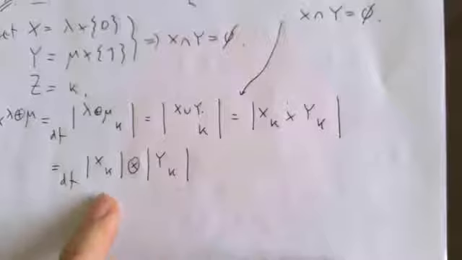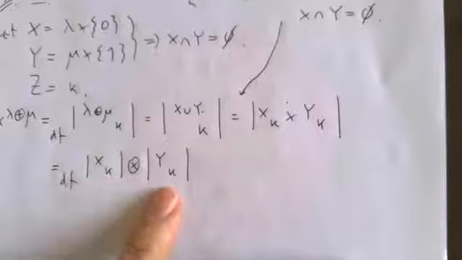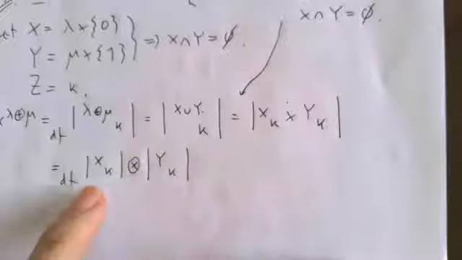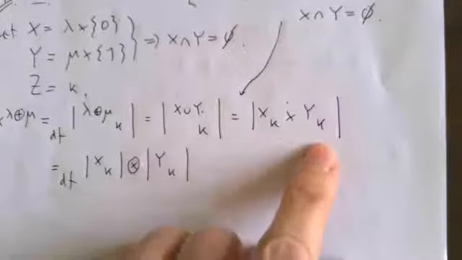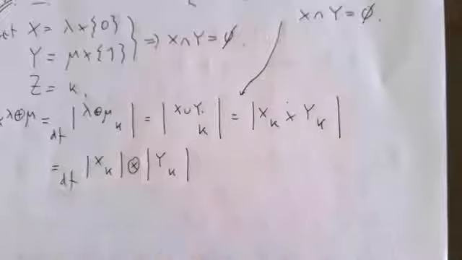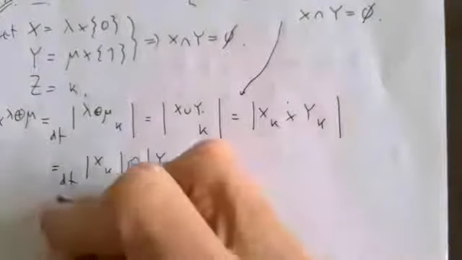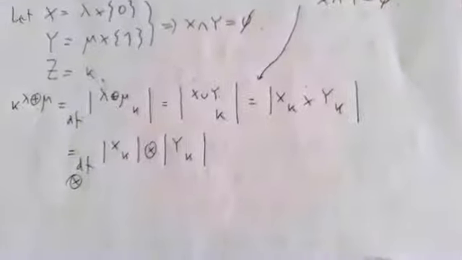If I've got the product of two cardinals, it's defined to be the cardinality of the Cartesian product of the things in the product. There we have it, the Cartesian product of these two things. So this is the definition of cardinal times here.